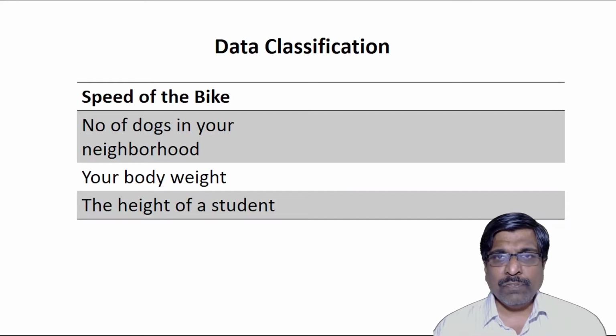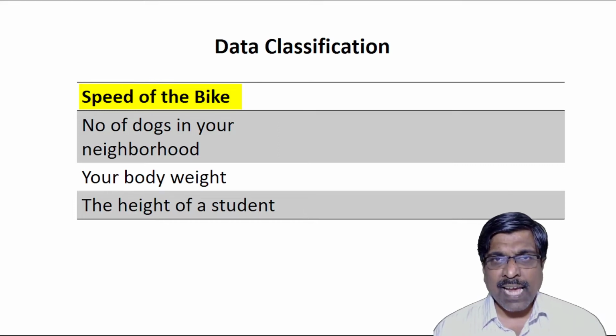Now I have given you a few illustrations here. For example, speed of the bike. Now I want to measure the speed of the bike. So I will start measuring as soon as the bike starts. I am going to start driving the bike. So I will look into my kilometer and odometer readings. I'll find that the initial speed is say 10 kilometers per hour.